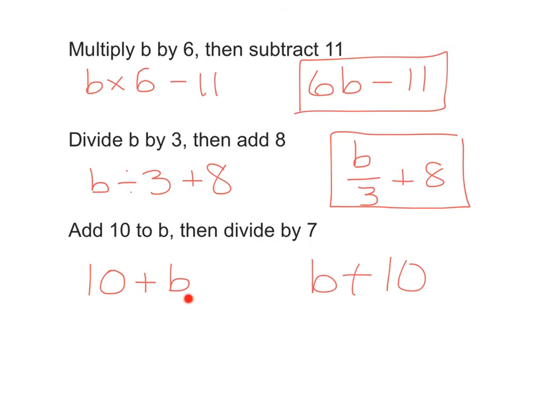That means after I know this answer. So since division comes before addition, I would need to put this in parentheses and then divide by 7. So that would work. But the algebraic way says to make a big bar for division. So this shows b plus 10 first, because you always do what's on top first, and divide by 7 last. So this would work and this would work.